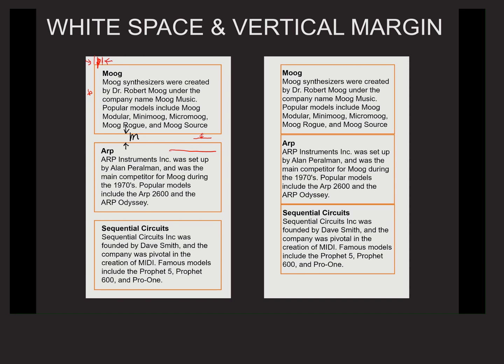Okay, if we draw it bigger, that's for this one, the margin, the top, and the bottom. So we say margin 1 top, margin 1 bottom. If there's another one, this is for this one. It also has a top and a bottom. This is margin 2.